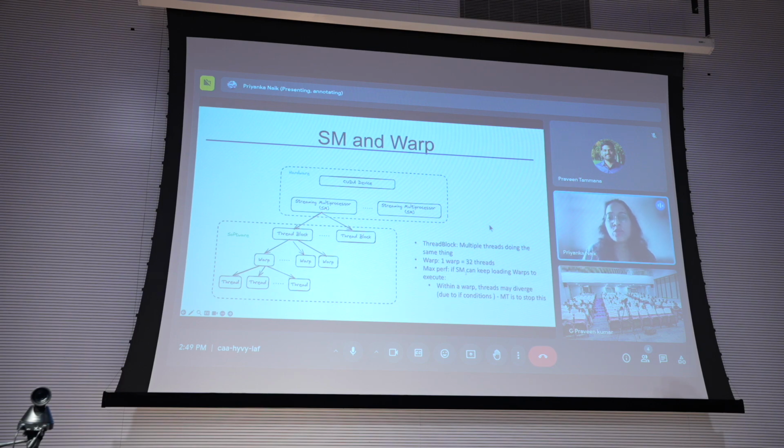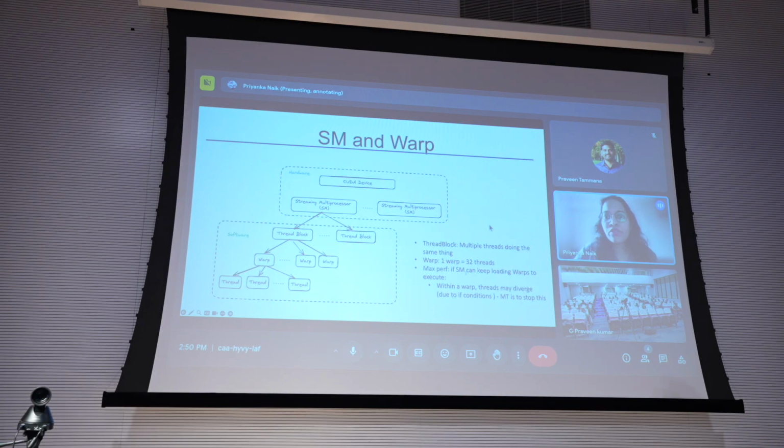So one warp is 32 threads, and a thread block could run multiple warps. The SM's performance depends on how many thread blocks it could run at the moment. And as we said earlier, it was the MT issue's job to see that within a warp, a thread does not diverge from other threads' execution. So this was the streaming multiprocessor and warp architecture that was followed.